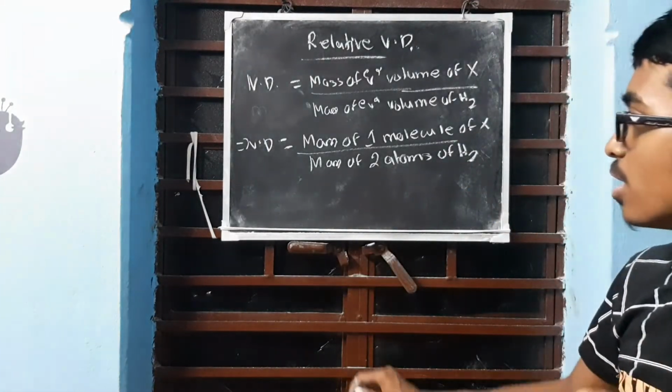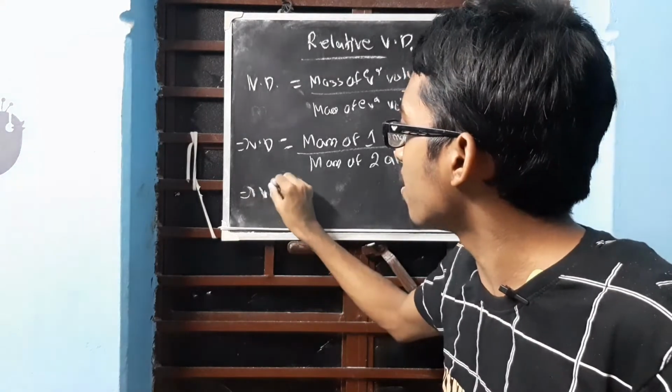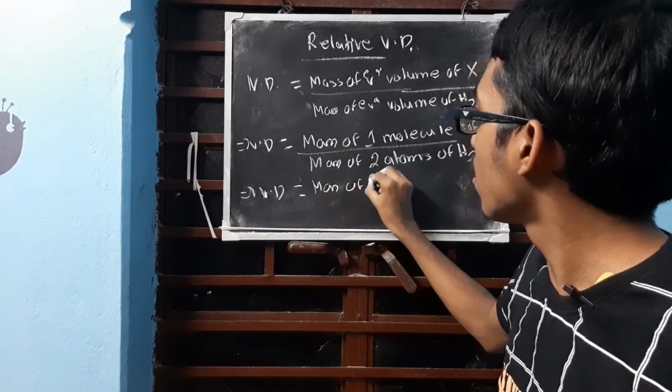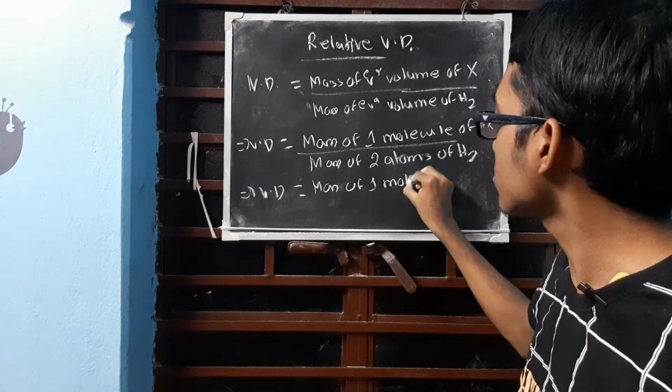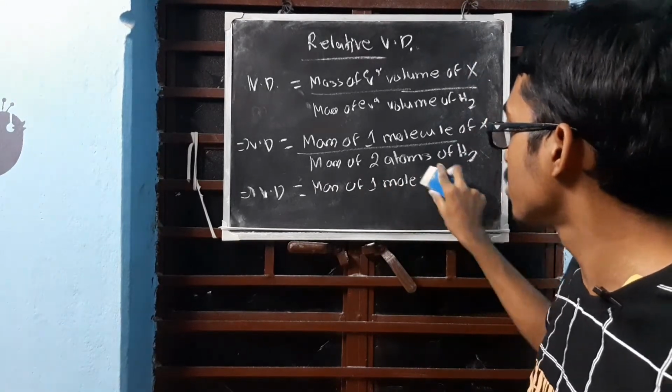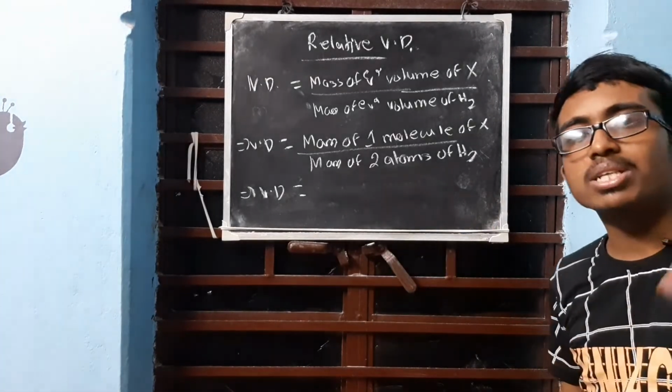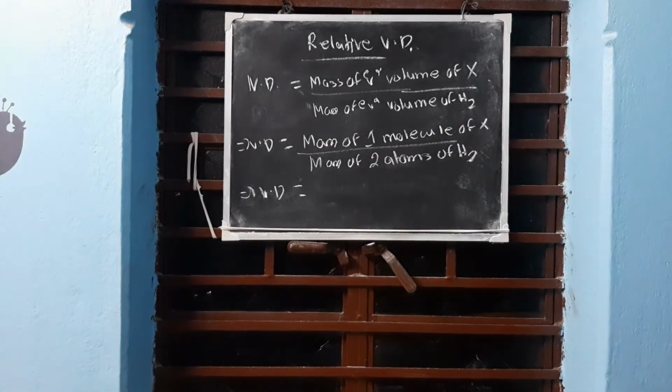Now Vd is equal to mass of one molecule of X, skipping one step. What is the mass of one molecule of X? Relative molecular mass. Relative molecular mass.